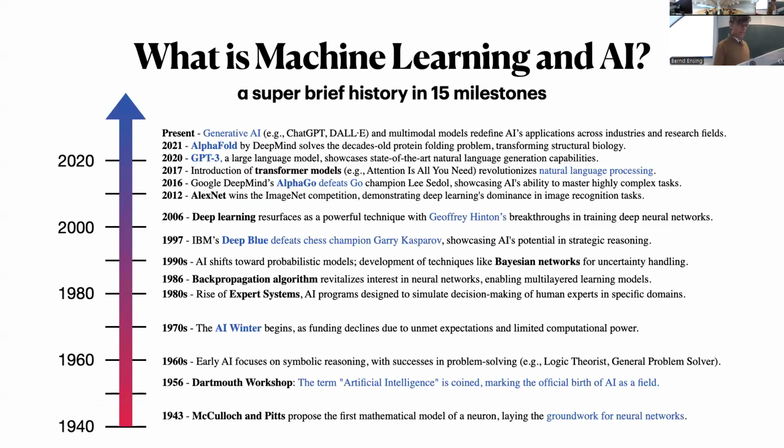Okay. What is machine learning? I start with a very brief history. This is actually generated by ChatGPT. I asked ChatGPT to give me a very brief history. So if you want a longer one, just go to ChatGPT now for a longer history on machine learning. But machine learning and AI may actually be older than you think, right? So, I mean, these ideas are at least 100 years old, I think.